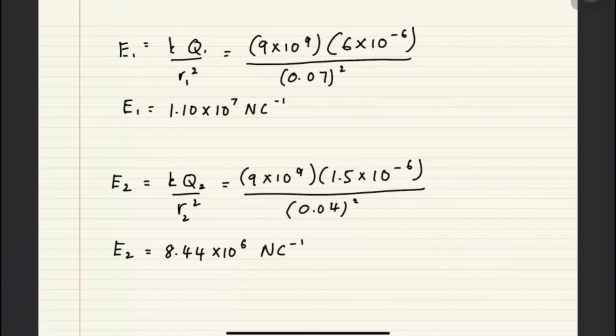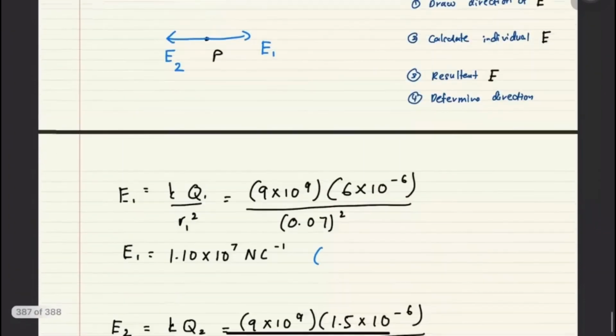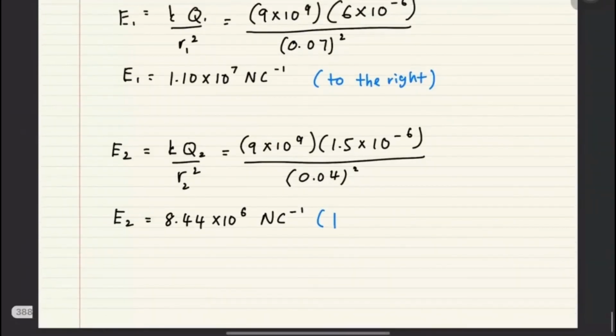Okay, now yang step ni dia tak ada markah, but then if you write it will help lah. So direction dia ke mana? Nah, E1 tadi kita tulis balik, E1 tadi ke kanan, so to the right, and E2 is to the left. Okay, so you have two vectors, satu ke kanan, satu ke kiri.